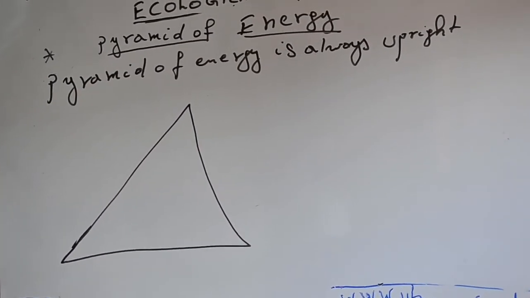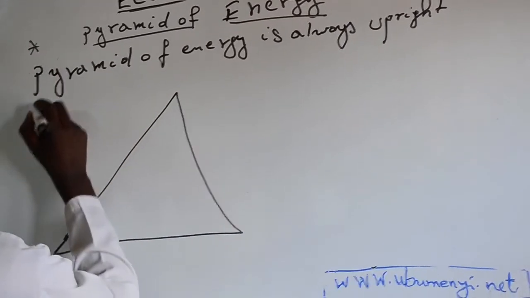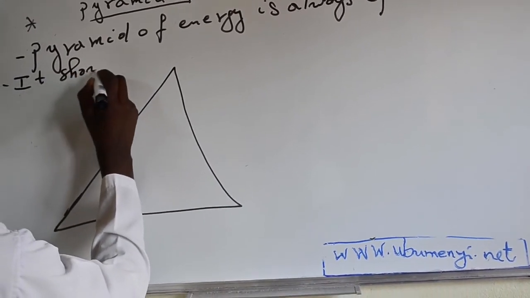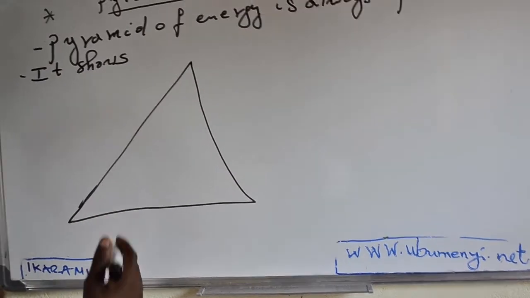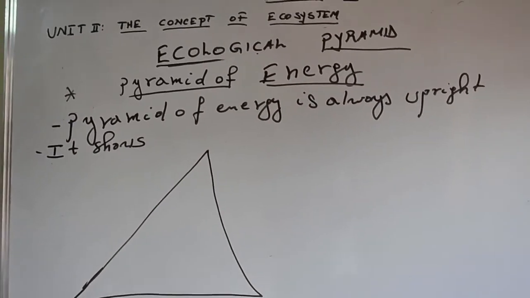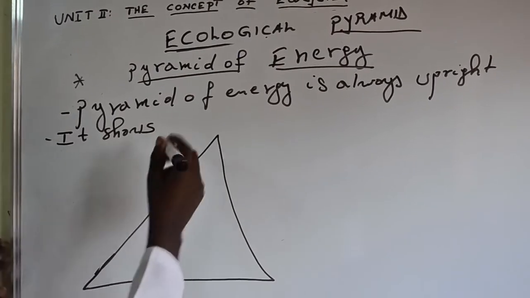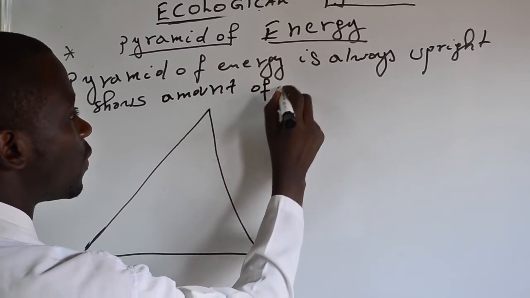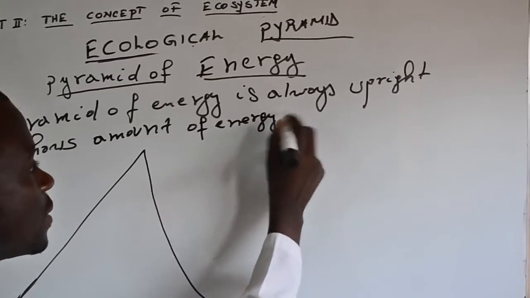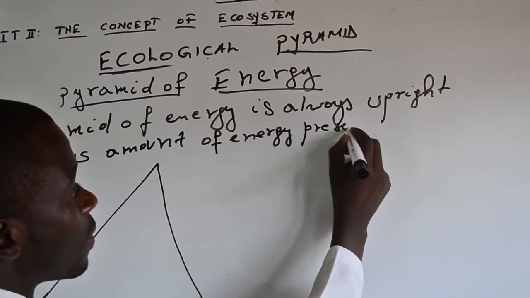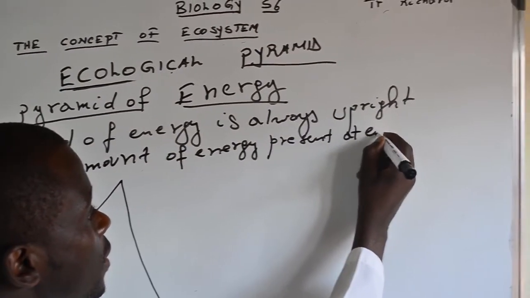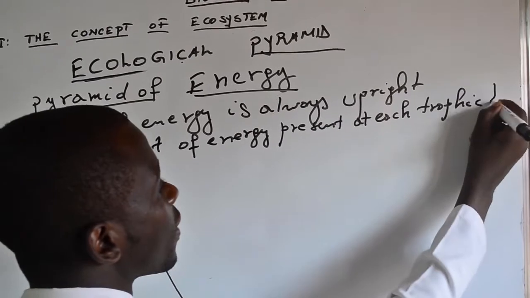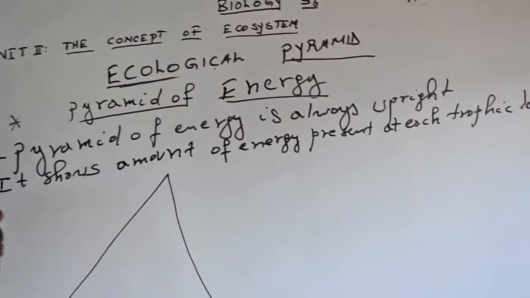This pyramid of energy shows the amount of energy present at each trophic level.